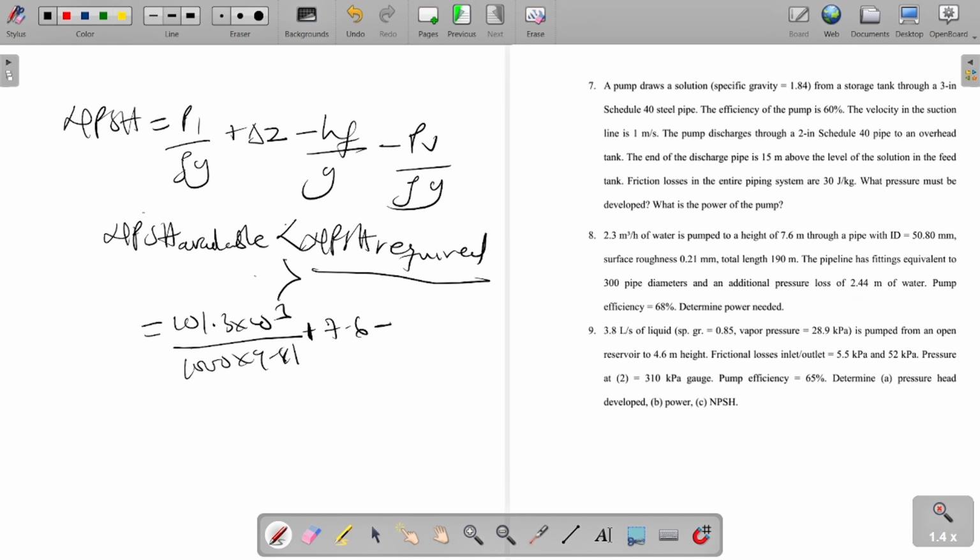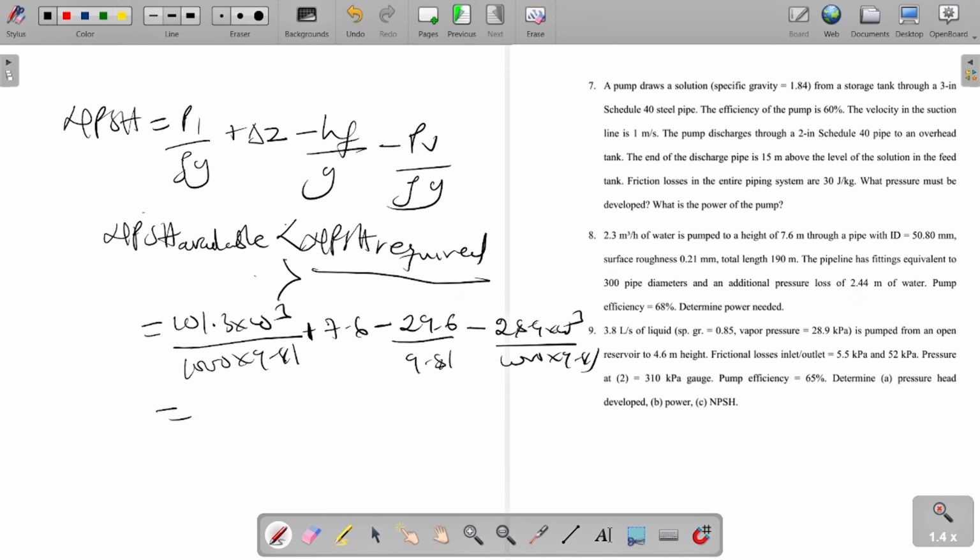So the total HF was 29.6 divided by 9.81. Then let's assume the vapor pressure in this question is 28.9. So 28.9 times 10 to the power 3 over 1000 times 9.81, right? So this actually gives me the NPSH, which is the net positive suction head.